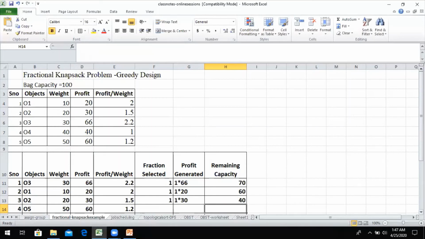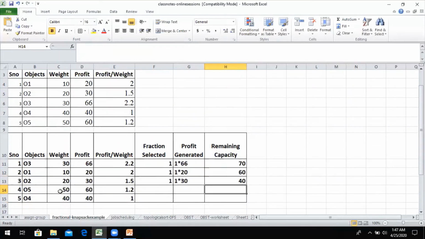Let's move on and select object O5. The weight of O5 is 50. Can I select 1 unit over here? I cannot select 1 unit, since the remaining capacity left in the knapsack or bag is only 40. Hence, I come to the conclusion that I can pick only a fractional unit of the object O5 and fit it into the bag with capacity 40.